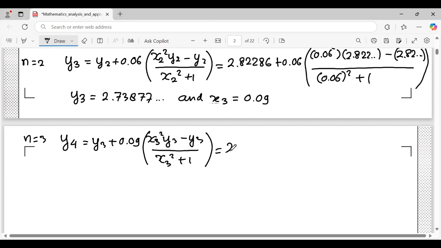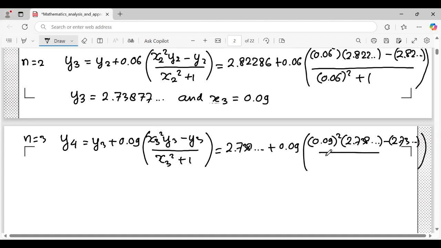And it is 2.738 so on plus 0.09 times 0.09 squared, 2.738 minus 2.73 on divided by 0.09 squared plus 1.